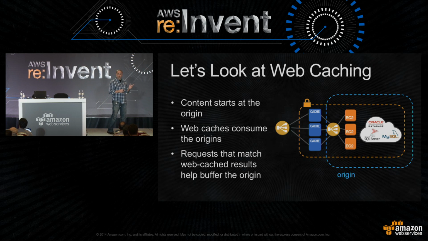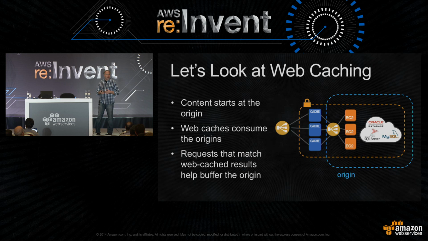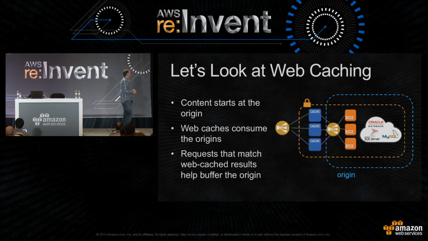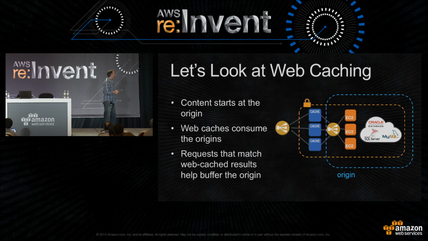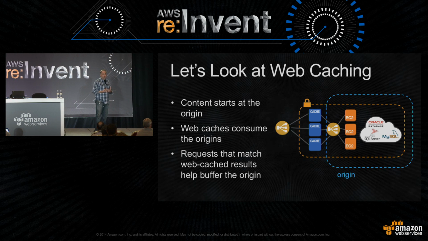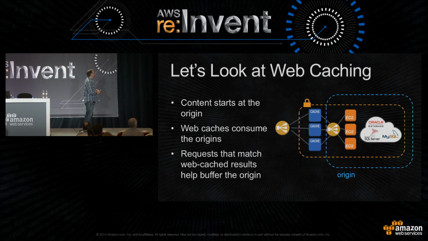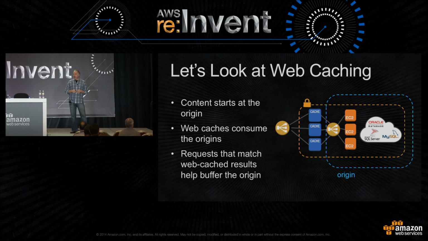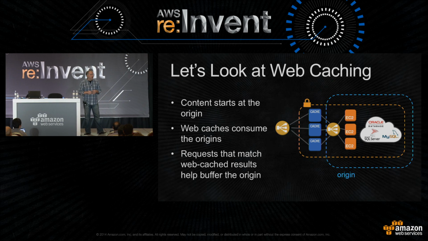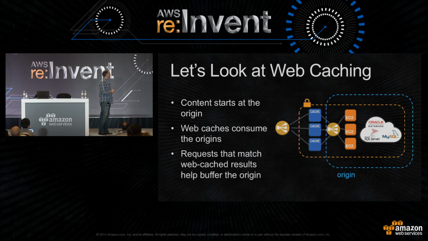That origin features a load balancer, a set of one or more EC2 instances, and if you're following best practices, auto-scaled across multiple availability zones, with your back-end services. This origin produces content as a back-end service to one or more nodes running on EC2, known as a web cache. The web cache consumes the origins.